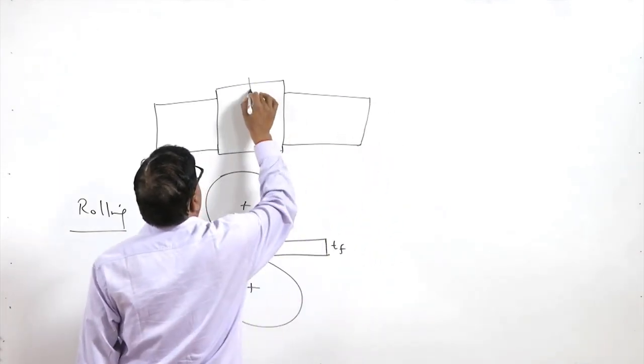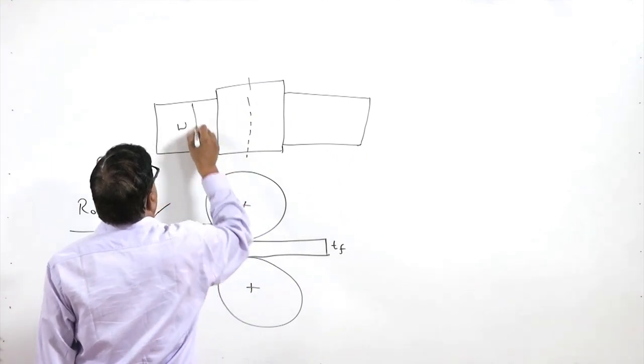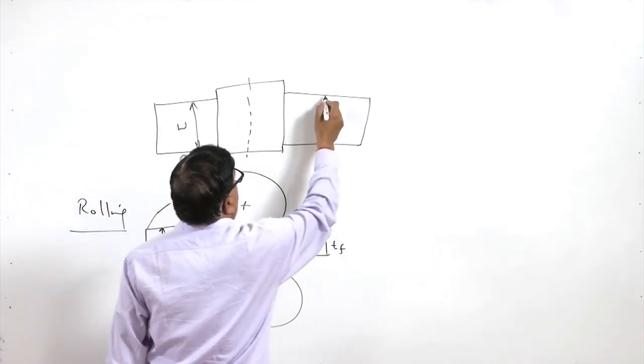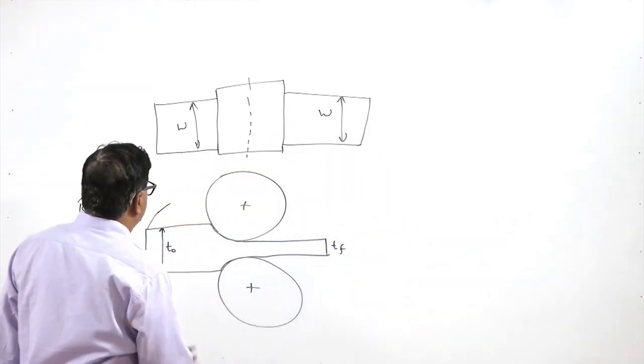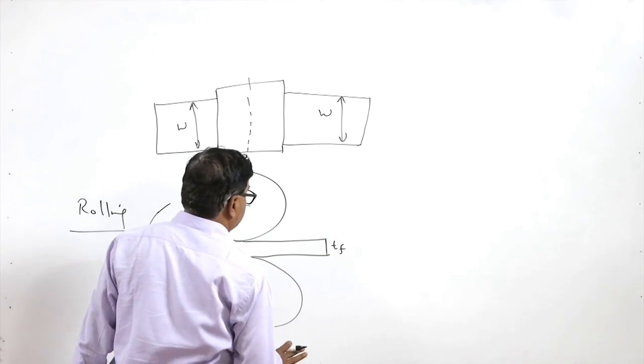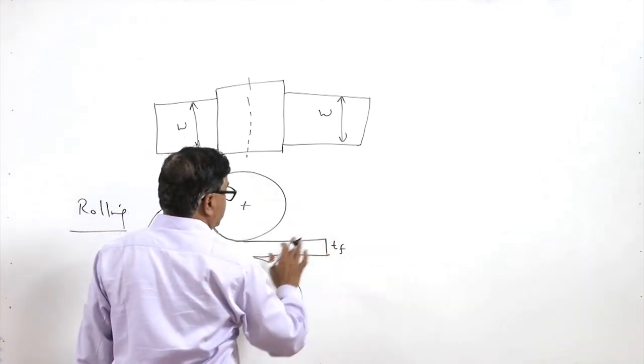This is the axis of the roller. The width of the plate before and after rolling is the same, but there is a significant reduction in the thickness. Width is the same, thickness is getting reduced.